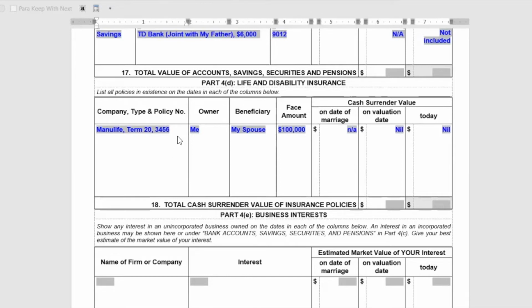Now, if you have a Manulife whole life policy, that may actually have a value. So much of this may be the same. Do you see I'm doing exactly the same? But there might actually be a cash value, $505.